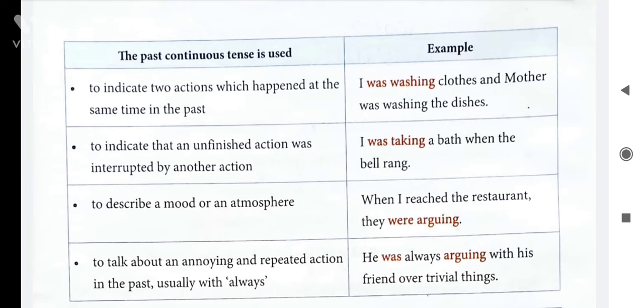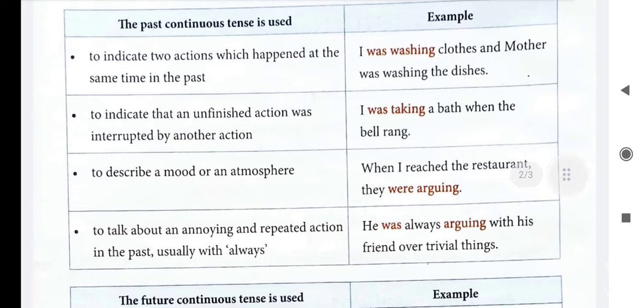Here the actions are two, two situations happening together. Like, I was washing clothes and mother was washing dishes. I was sleeping and my sister was working on her assignment.